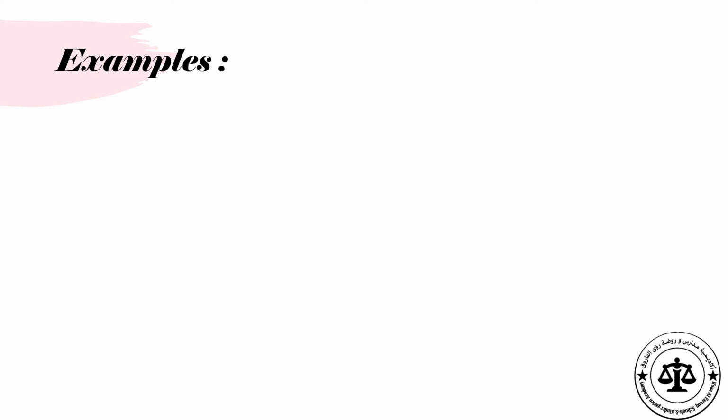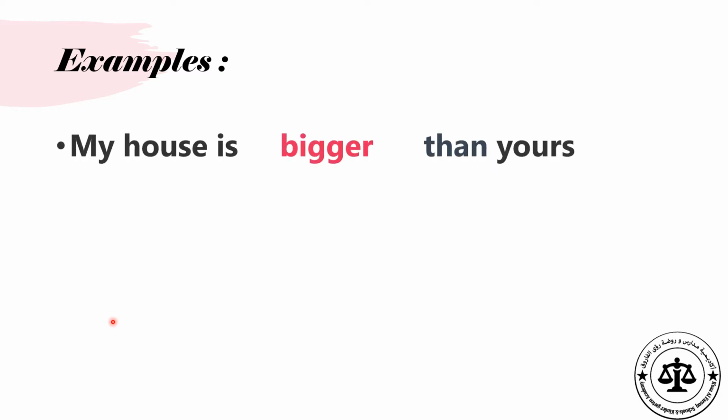Now let's start with the first form of comparative. The first way to form a comparative adjective is to add er. Er with what? With a short adjective. Look at this example. My house, this is one item, is bigger than yours, your house.